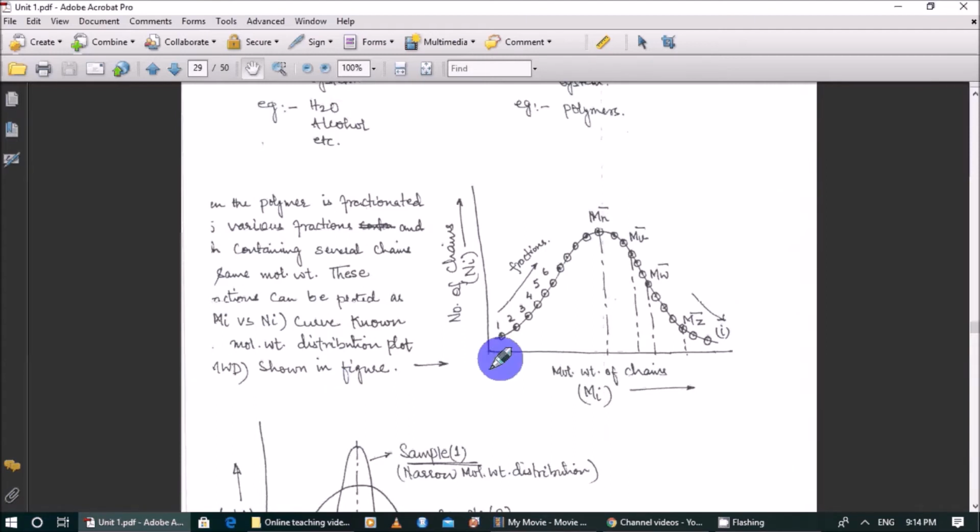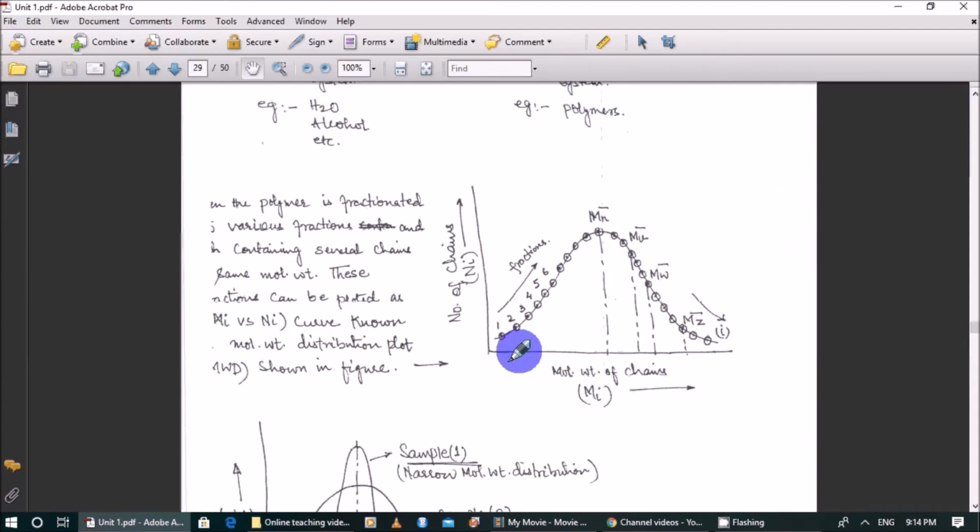So if we plot the molecular weight of the polymer chains on the x-axis and their number on the y-axis, that means Ni on the y-axis and Mi on the x-axis, what will happen? You can see in the first fraction the molecular weight is the lowest and the number of chains is also the lowest.